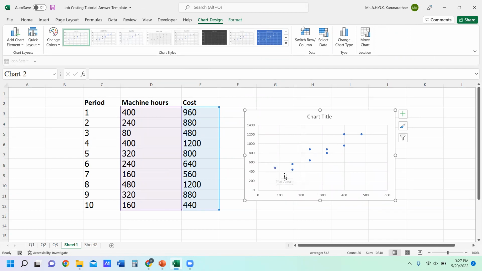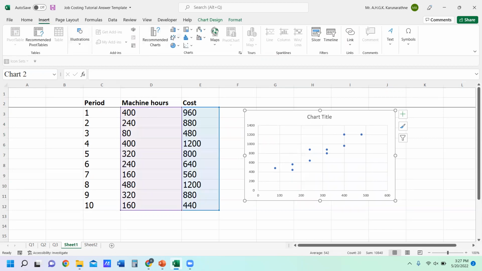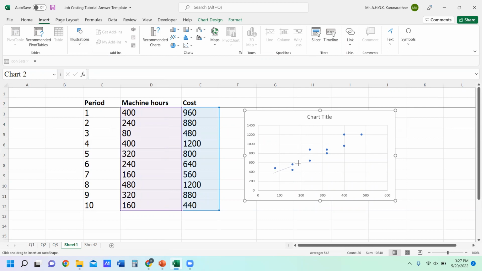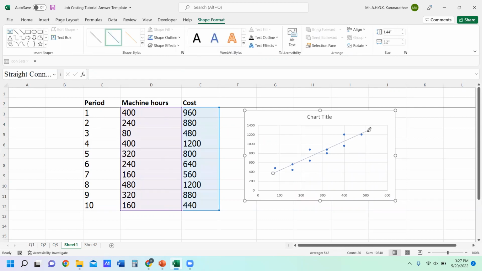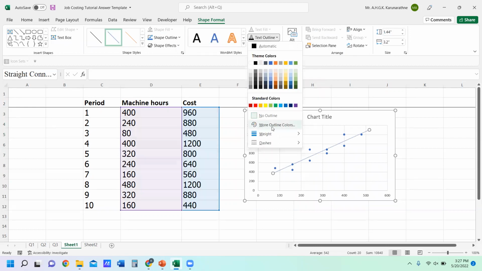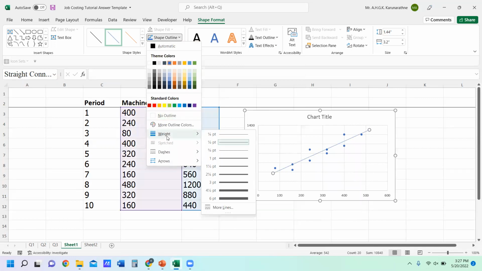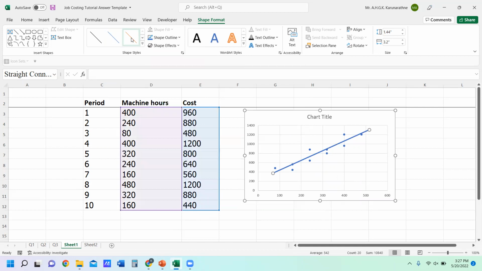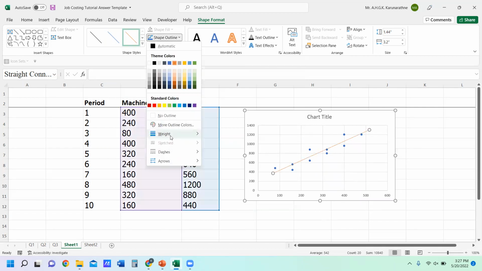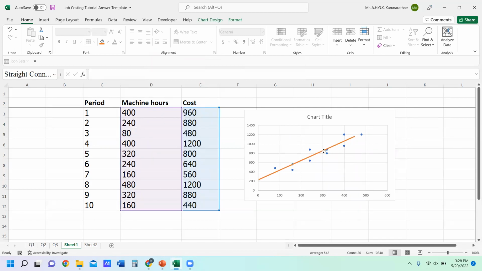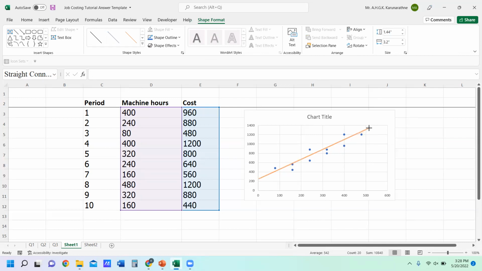If you do this manually, if you plot all these coordinates in this diagram, you can manually draw a reasonable trend line common to all these points. This is the trend line.